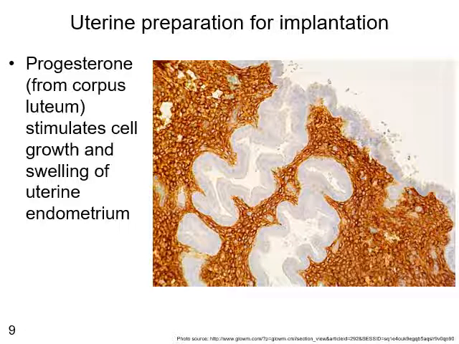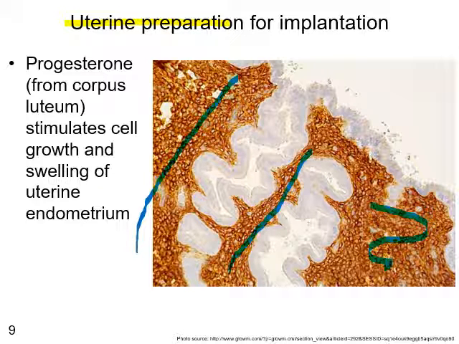The uterus has been prepared for this implantation. The estrogen and progesterone during the menstrual cycle that led up to the ovulation and fertilization helped to develop a thickened and enriched uterine endometrium.